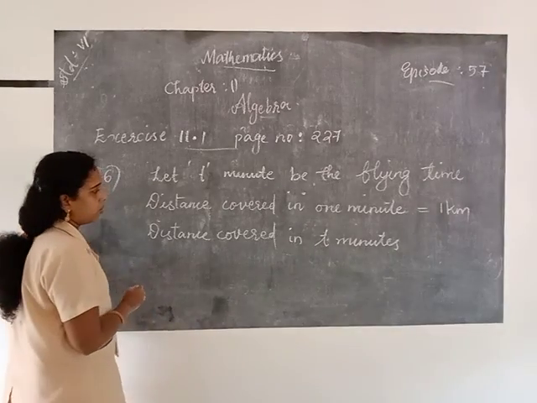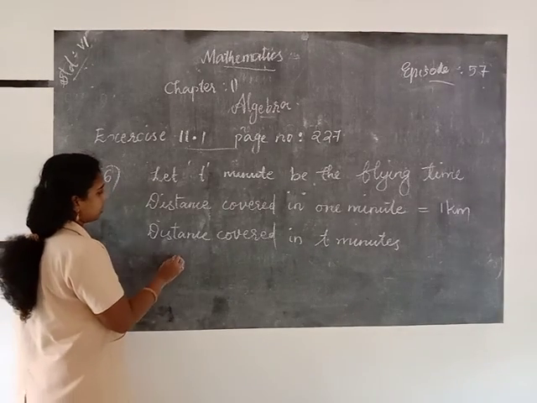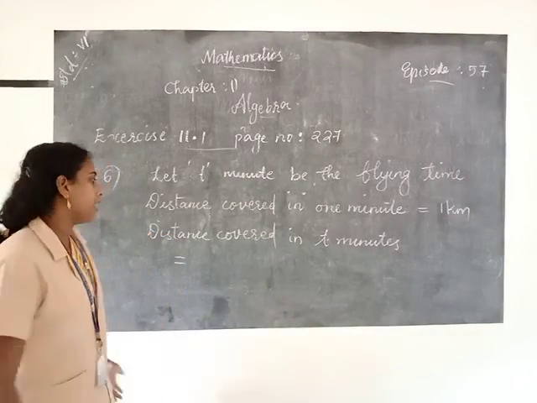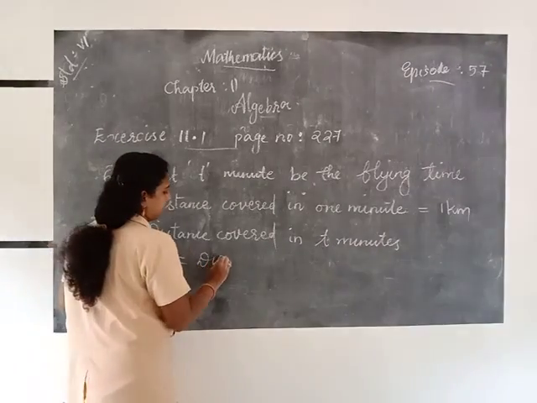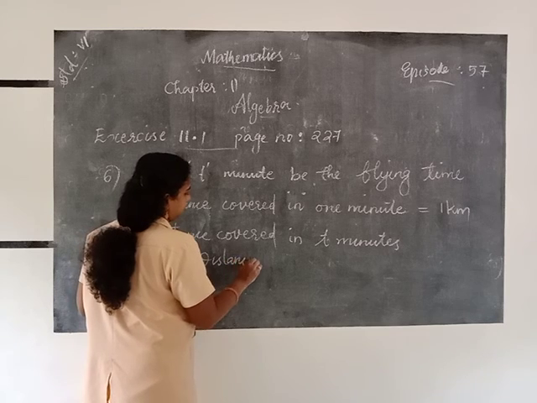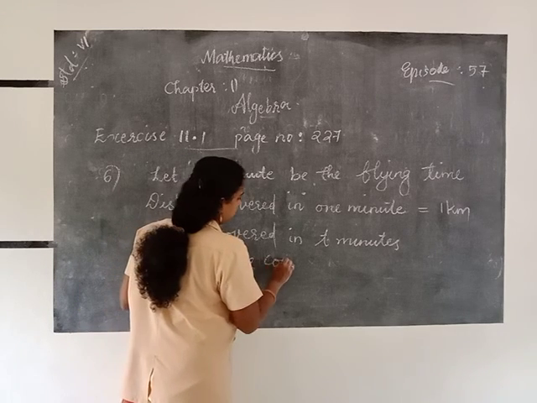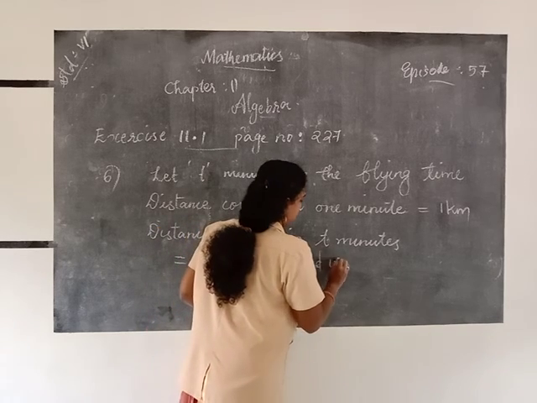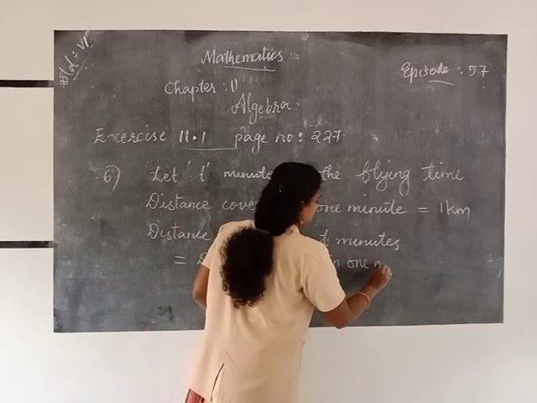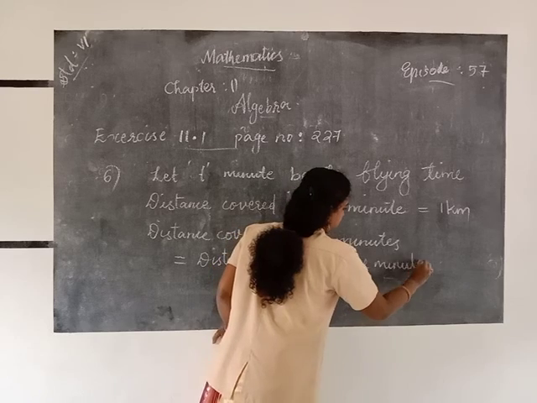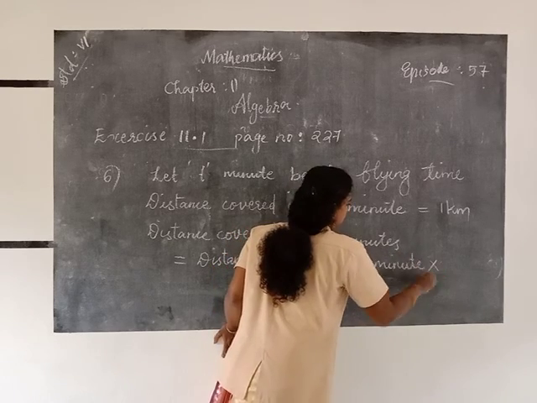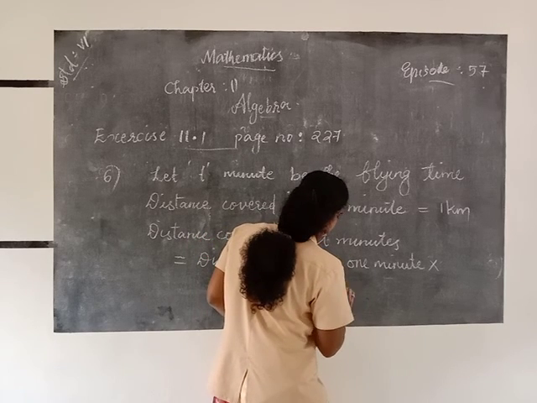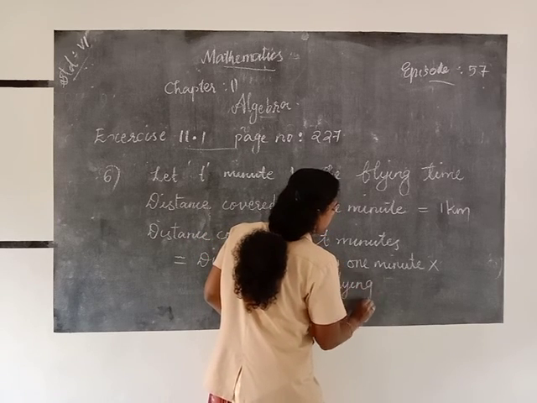Okay, so the distance covered in T minutes is equal to distance covered in 1 minute into flying time. Flying time is T.